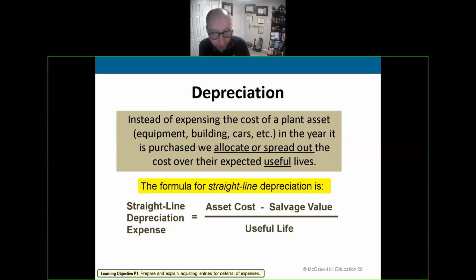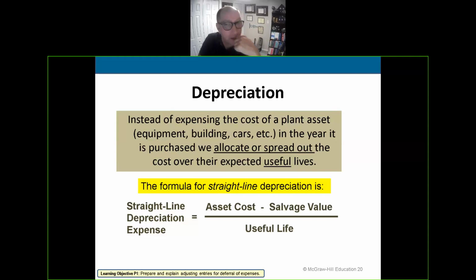Let me break this down for you. The original cost of the asset is the purchase price, the amount that you paid for it. It's the cost to get it to you. The total cost. That's the asset cost.